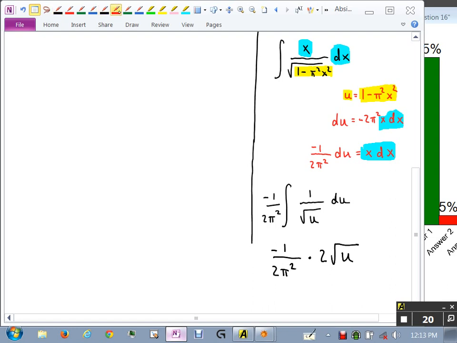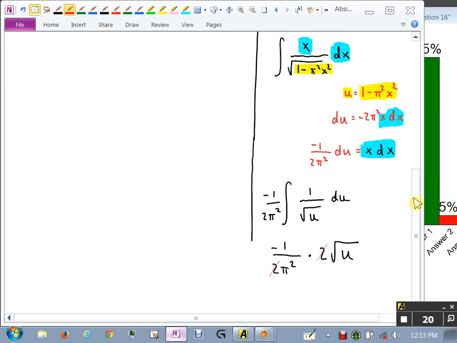The 2's cancel, which leaves me with a final result here. I think I'm out of space. That's it. This is going to be equal to negative 1 over pi squared times the square root of u, but what was the u? Now be careful, we're in our scratch work, right?